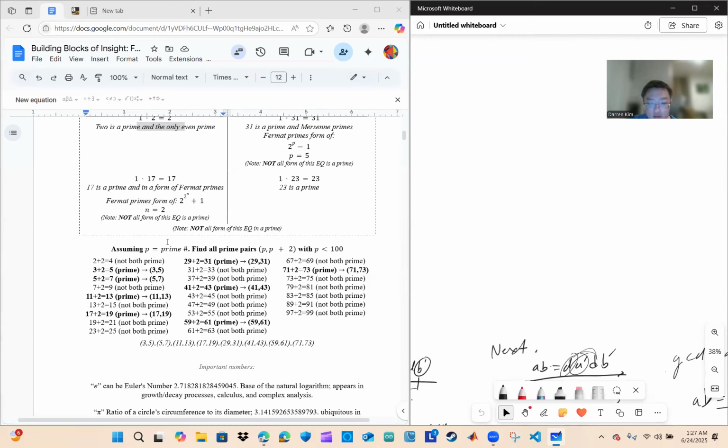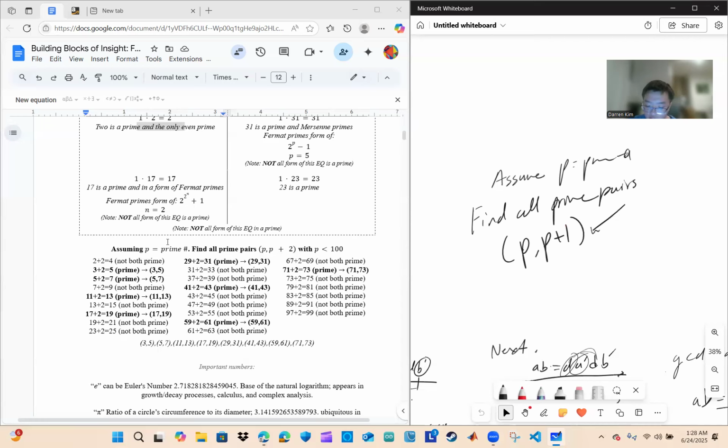If I said assume p equals a prime number, find all prime pairs in the order of p comma p plus one, it doesn't really matter because as you know, there's only one even prime, which is two. So then p must equal one, and it's p comma one plus one comma two, which means that there is one prime. So that might be a good question to put.